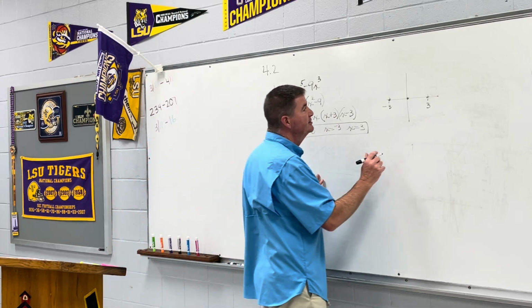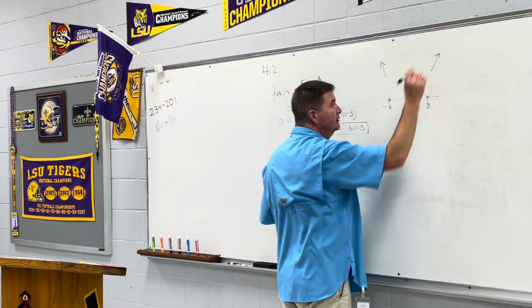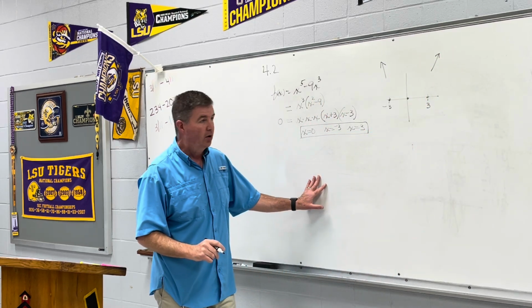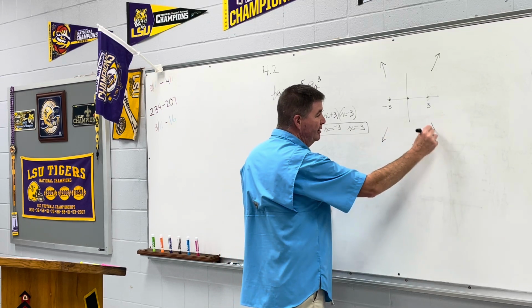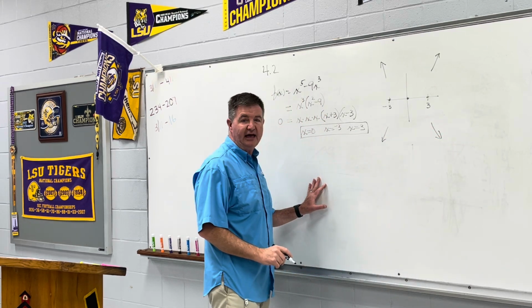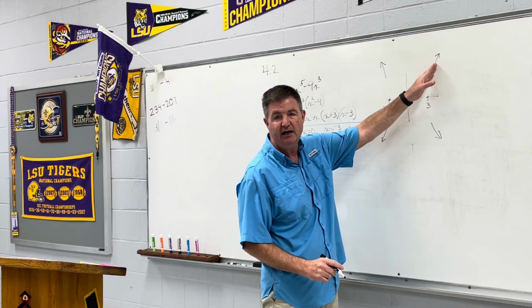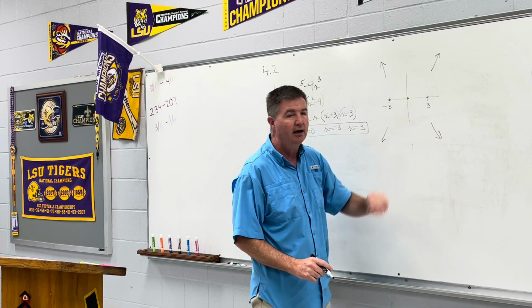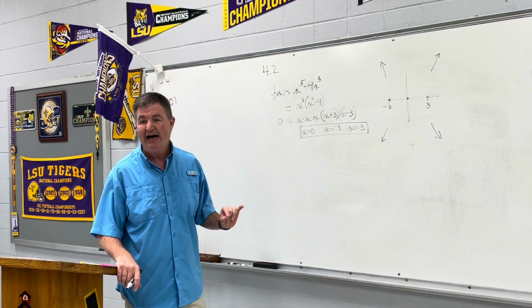The end behavior could be where both ends are facing up, or both ends are facing down, or the left is facing down and the right is facing up, or even the right is facing up and the left is facing down. We have all those options.